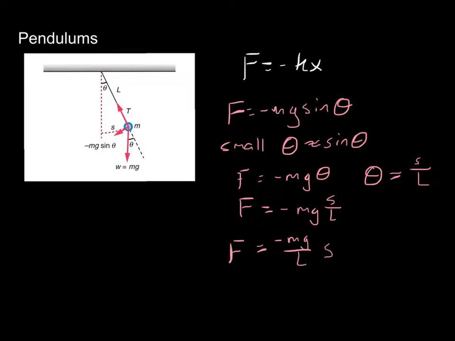And now we have something that's somewhat similar to Hooke's law up here, kx, where this mg over L is essentially our value for k, and s is essentially our delta x. So we have F equals negative k times x. So for small angles, because remember we had to make this assumption up here, pendulums do follow Hooke's law, and so they are simple harmonic motion.